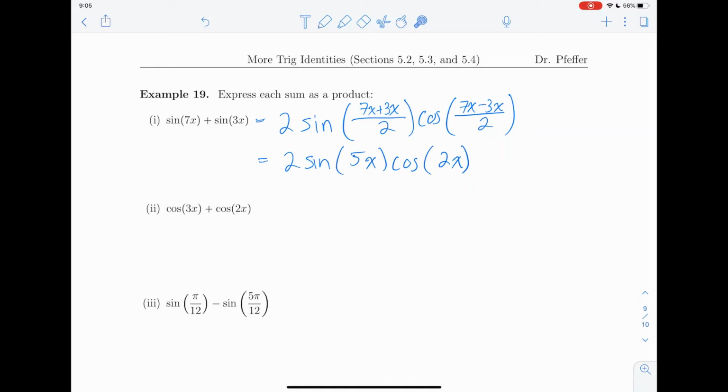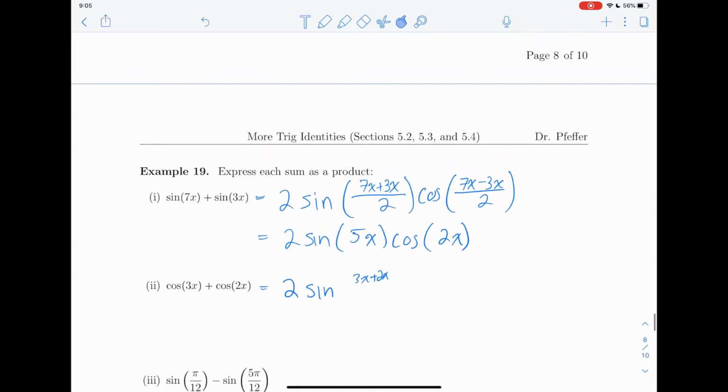Similarly, we can add cosines together, and the formula for that would be something like 2 times the sine of the difference over 2, or the sum over 2, sorry, 3x plus 2x. Oh, my brain is having an issue.